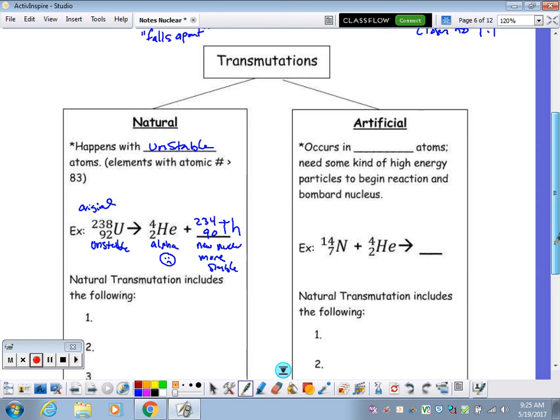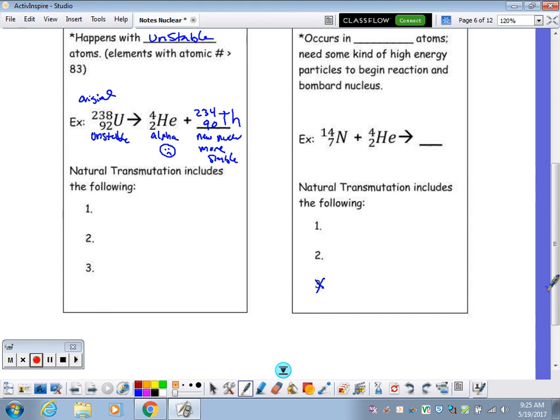Natural transmutations include the following. These are the 3 types of transmutations that you will need to be able to classify or write the reactions for. They are known as alpha decay, beta decay, and positron decay.